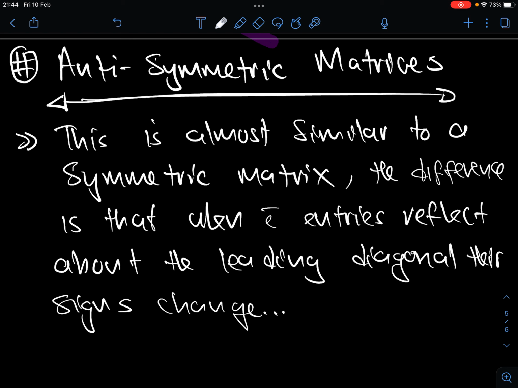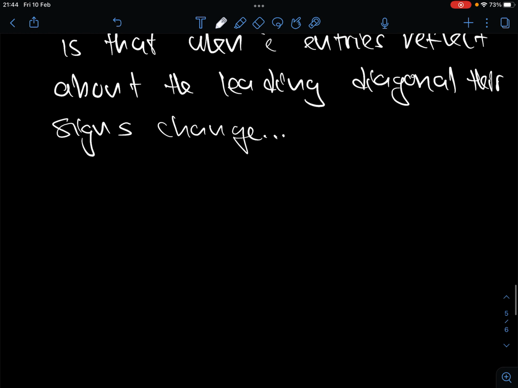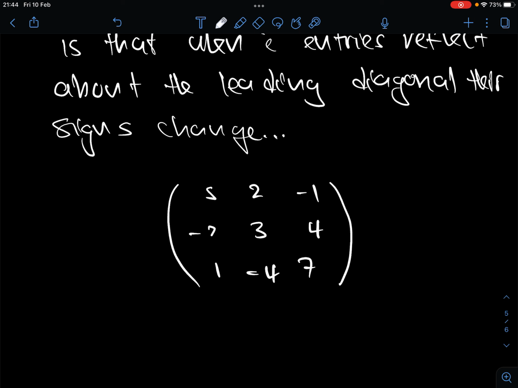It is almost the same structure as a symmetric matrix, but the only difference is that instead of those numbers appearing to have just reflected to the other side, they seem to be reflecting and changing sign when they go to the other side. So a typical example of an antisymmetric matrix will be something like this: 5, 3, 7, then 2, -1, 4, then -4, 1, -2.